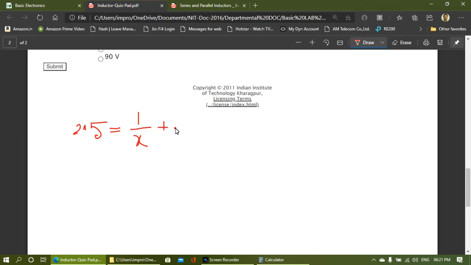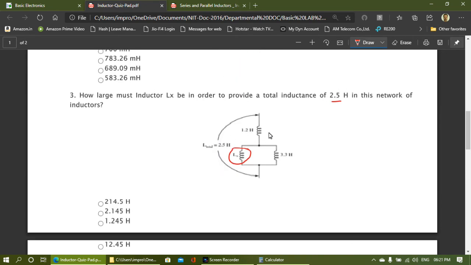Then we can write this known inductor value 3.3. This is the parallel network of these two, and then another known inductor which is in series with this parallel network. This one 1.2, this one x, and this one 3.3.